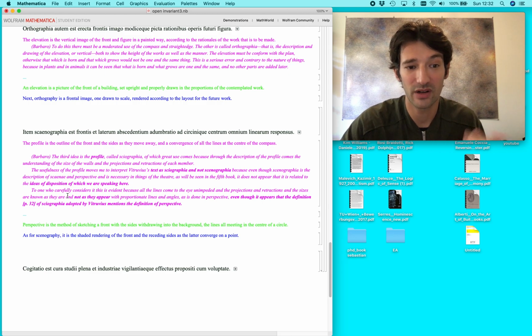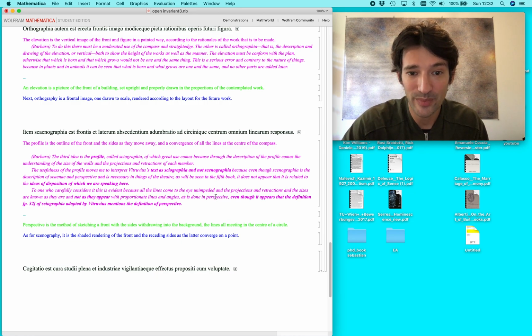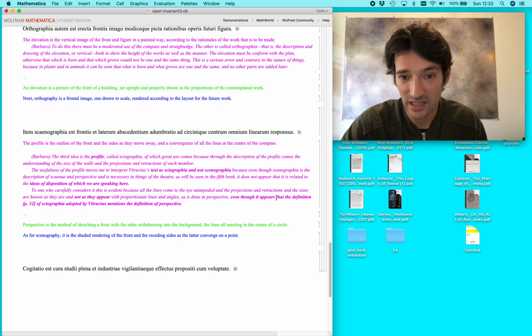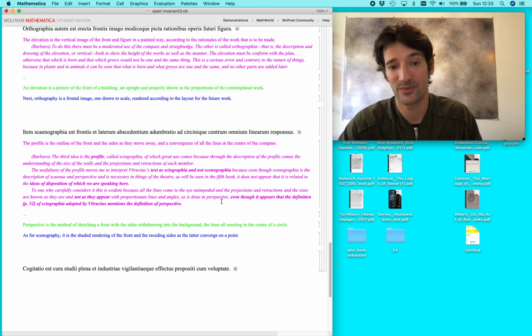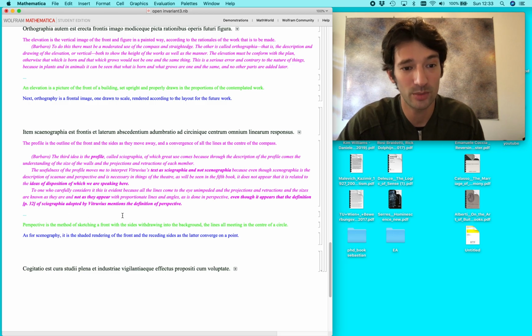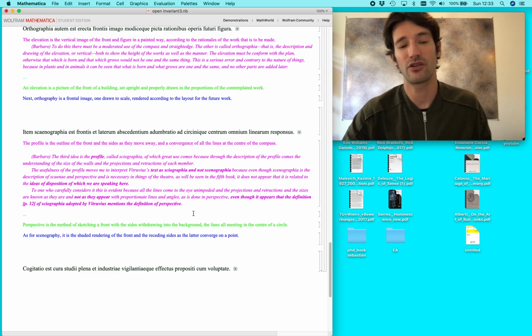And the one who carefully considers it, it is evident because all the lines come to the eye unimpeded, and the projections and retractions and the sizes are known as they are, not as they appear, with the proportionate lines and angles, as is done in the perspective. Even though it appears that the definition of sciographia adopted by Vitruvius mentions the definition of perspective.